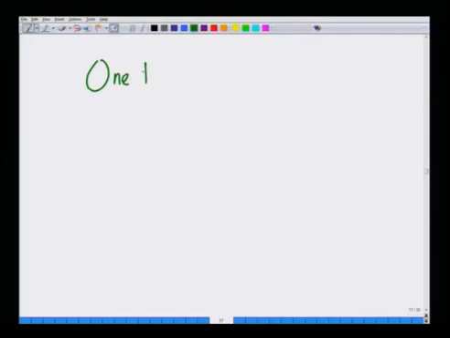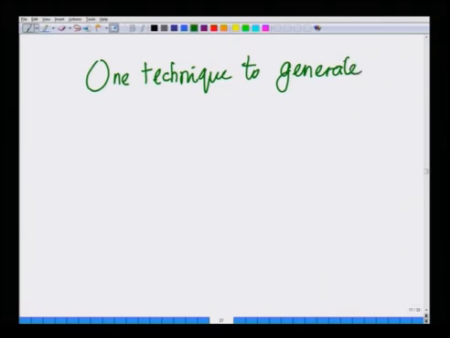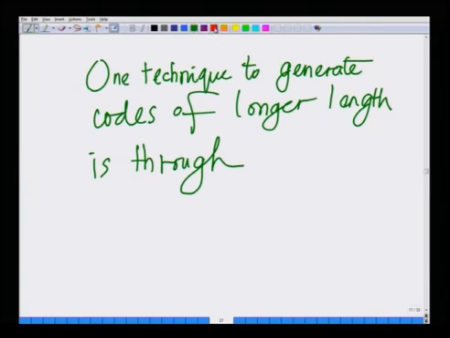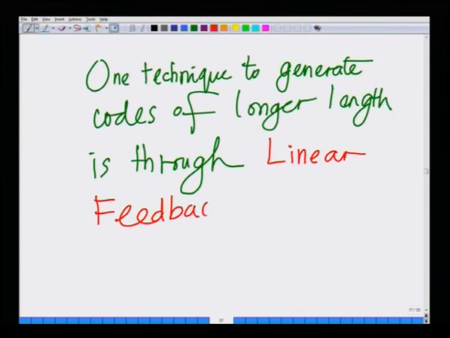One technique to generate codes of longer length is through what is known as linear feedback shift registers.